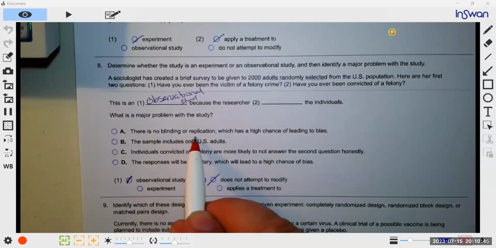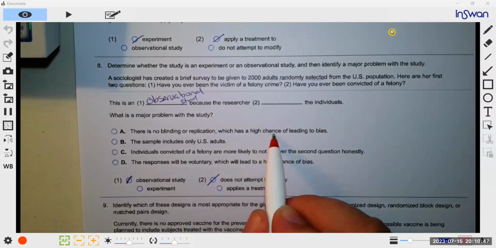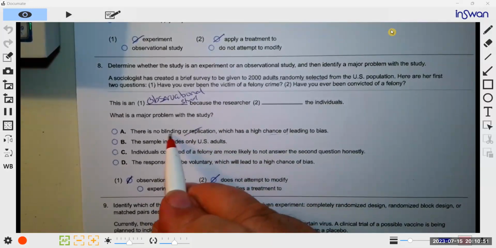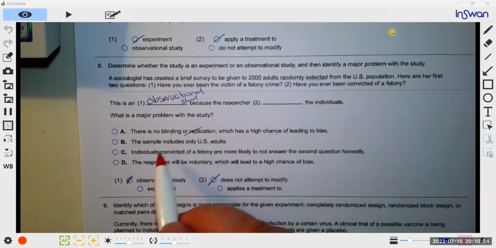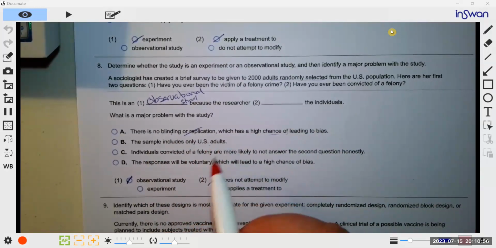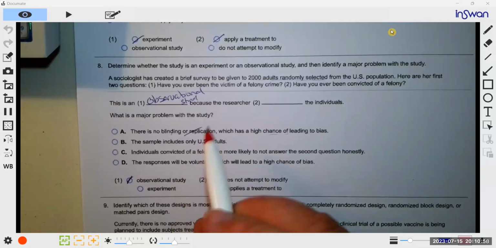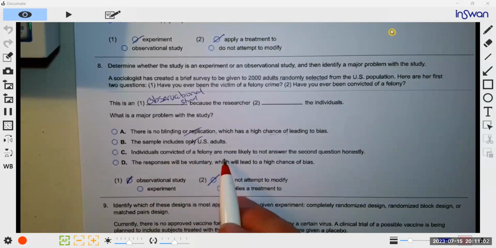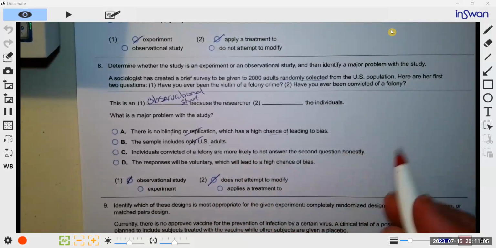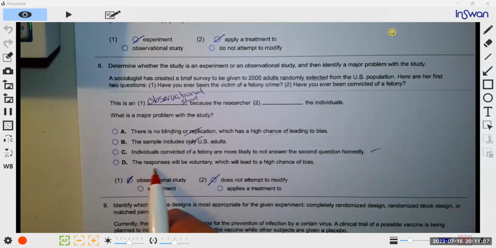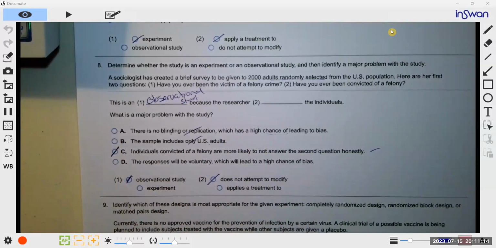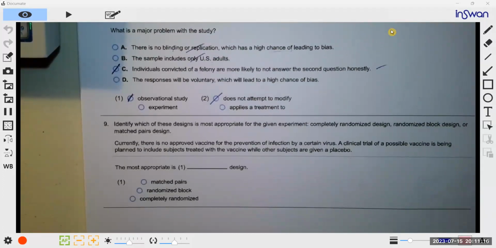There is no blinding or replication, which is high chance, but you don't need blinding for an observational study. Blinding only works for experiments. The sample includes only US adults. Yeah, but it's of the population, so that's not a problem. Individuals convicted of a felony are more likely to not answer. That looks like the winner. Responses will be voluntary, which will lead to high chance of bias. Now, the best one is people who are convicted won't admit to it.